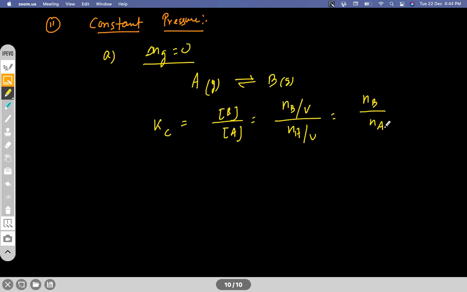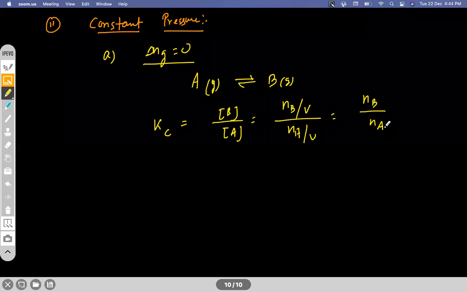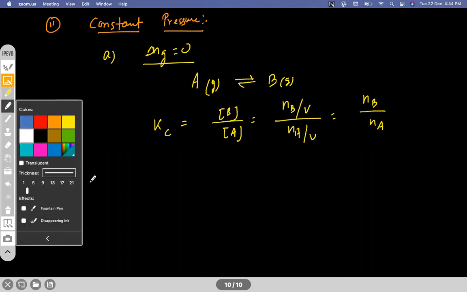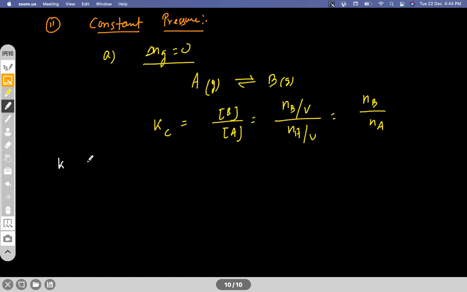It is independent of volume, right? Hence, the pressure has no effect on this equilibrium constant. Write down here, Kc is independent of volume, there's no volume term here.